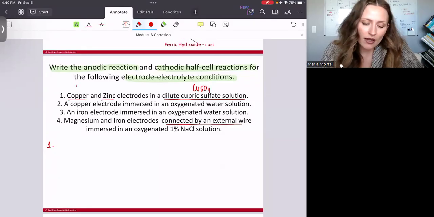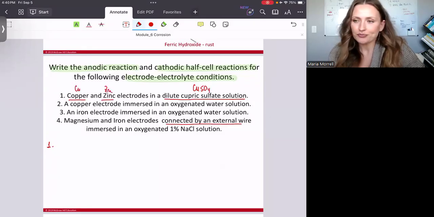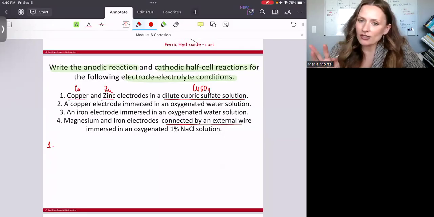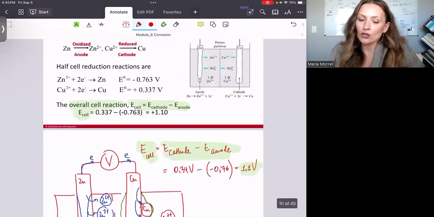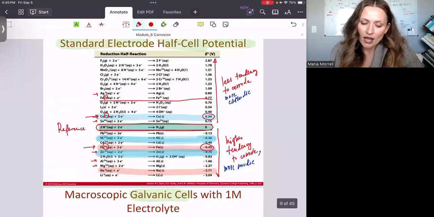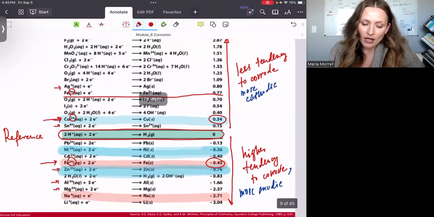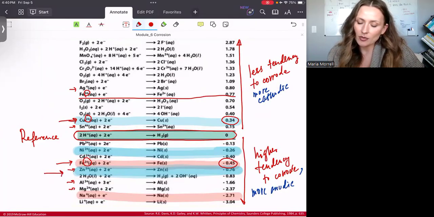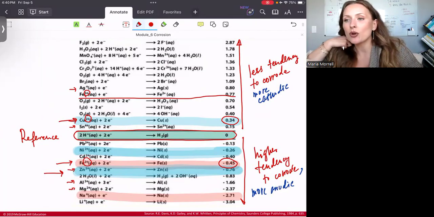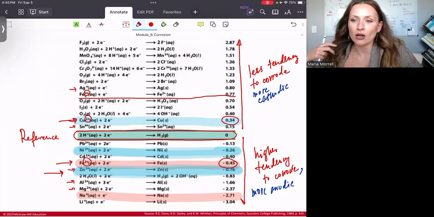I have a copper and a zinc electrode. First, let's connect those two. I'm not going to assume that you remember by heart; I'm just going to guide you on how to answer the questions. Zinc is at the bottom of the table, a lot lower at negative 0.76, and you will probably know it by heart at some point.